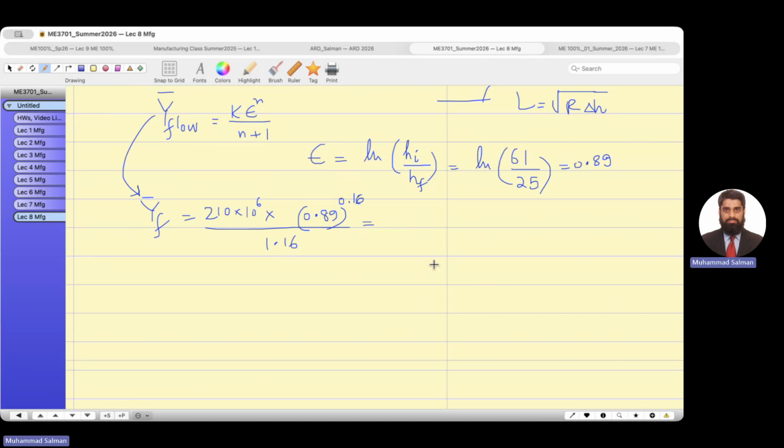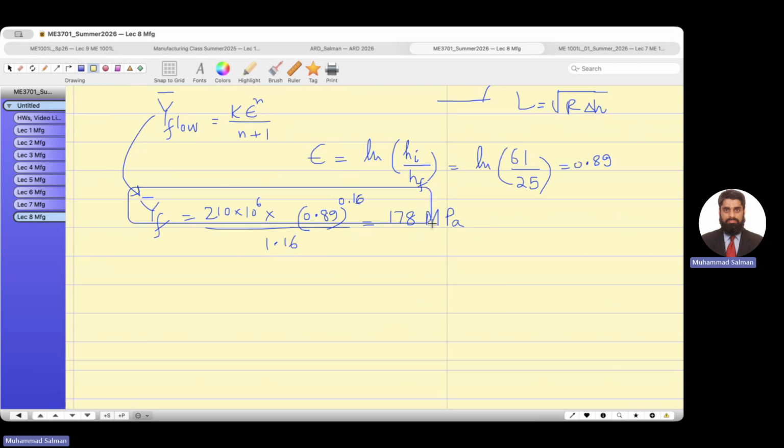And if you solve for this, do you get 178 megapascals? Yes. Okay, one student says yes, that's good.